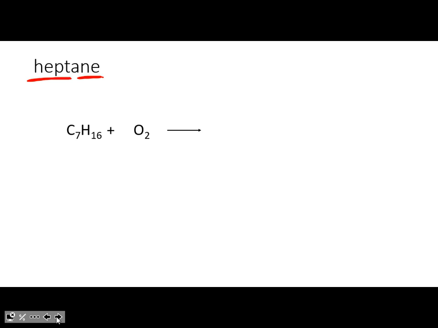Now, as I said before, we have a hydrocarbon, we have oxygen, and that's going to give us carbon dioxide and water. So our two products are always going to be carbon dioxide and water. Now, when I'm dealing with one of these reactions, we're going to call this a combustion number 1.